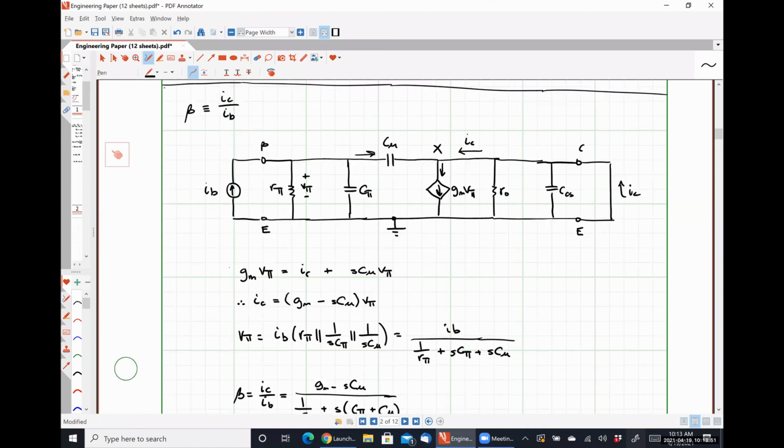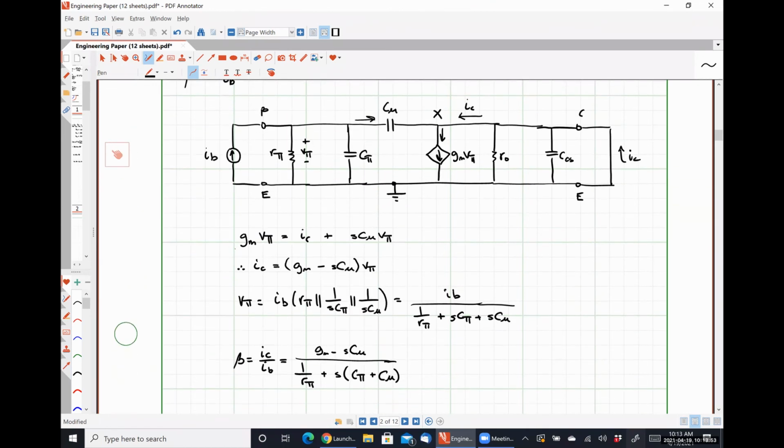So we have something on the order of 10 to the minus 3 minus our frequency of interest multiplied by something on the order of 10 to the minus 15. So we can say pretty easily that GM, our transconductance, is going to be the dominant term at frequencies lower than the terahertz range, which is well beyond radio frequency and microwave frequency. It's creeping up on optical frequencies.